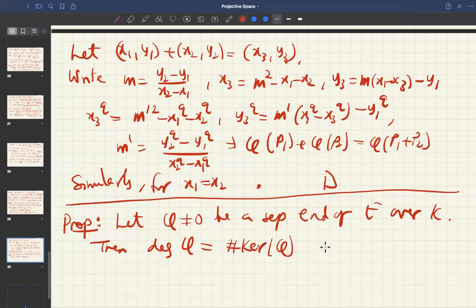Remember that phi is a map from E(K bar) to E(K bar), so the kernel of phi is the kernel of this homomorphism. The degree of phi is nothing but the size of the kernel of this homomorphism. And what happens if it's non-separable?